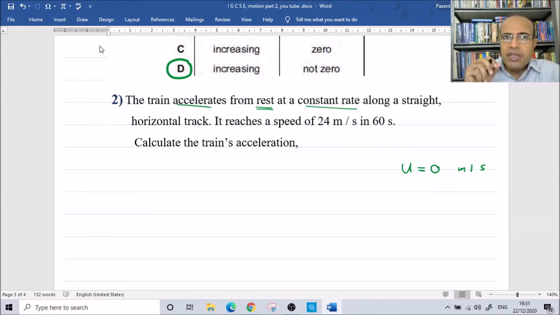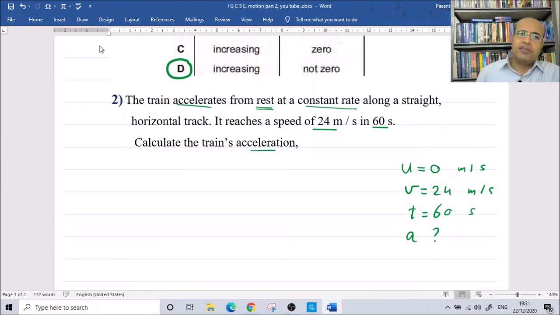So this is called the linear uniform acceleration. It reaches a speed of 24 meters per second. So this is the final speed, 24 meters per second, in 60 seconds. So the time of this change is 60 seconds. Calculate the acceleration. So we need the acceleration.